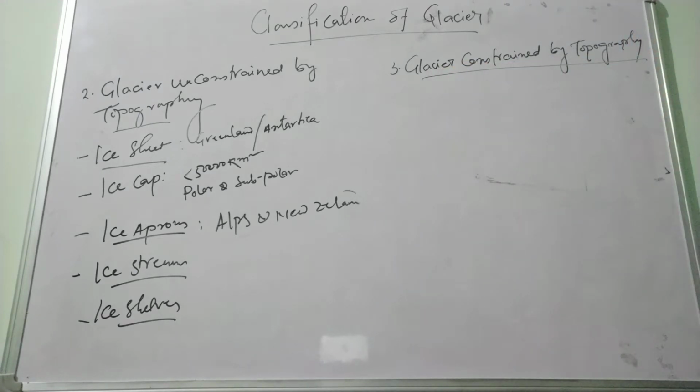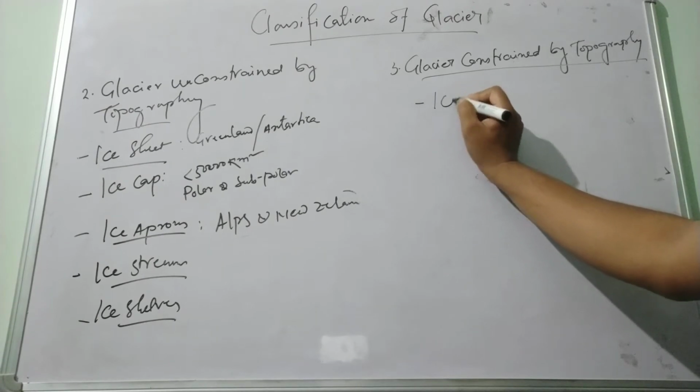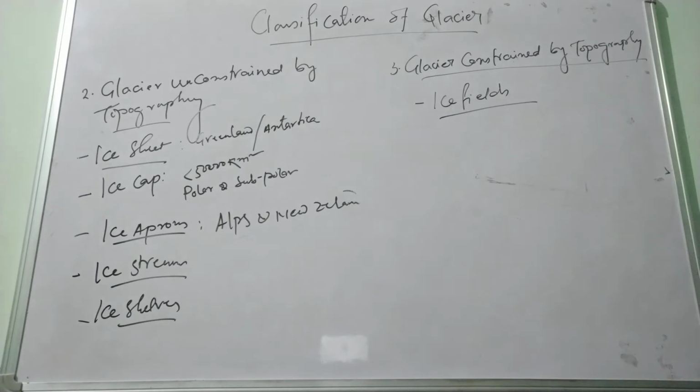That means the underlying and surrounding topography determine the direction and flow of the glaciers. Based on that, these are classified as ice fields. These ice fields are similar to ice caps, except their flow is influenced by the underlying topography.